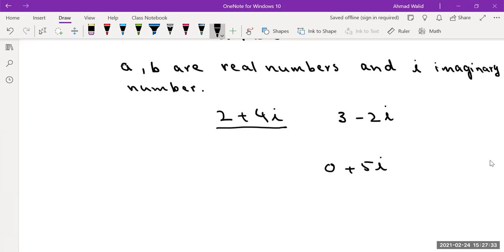In the example 2 plus 4i, we call 2 the real part or real number. Usually they call it part. 2 is your real part. 4i will be your imaginary part, correct?